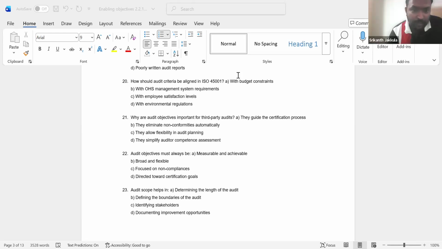So it is flexible, audit plan suitable. The answer is C, I think. They allow flexibility in audit planning. Based on the audit objectives, we can plan it. Whatever you want to achieve, you can focus on those areas based on the objectives. C is a very good answer.